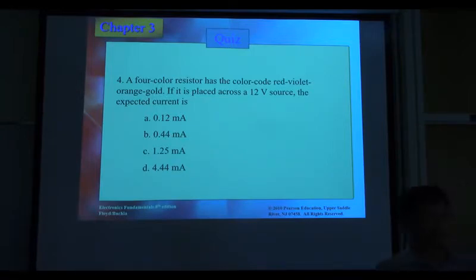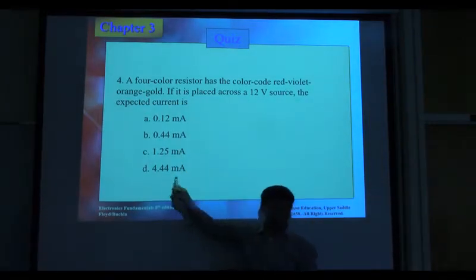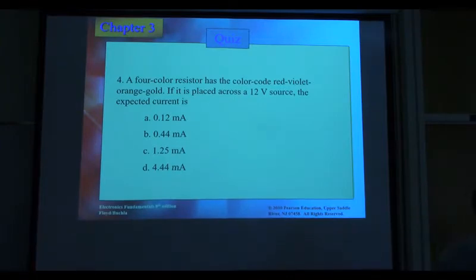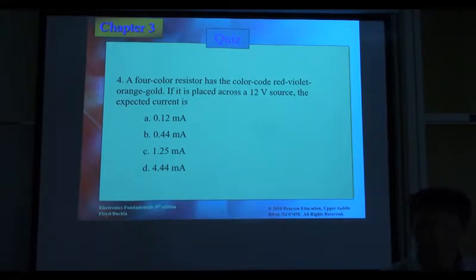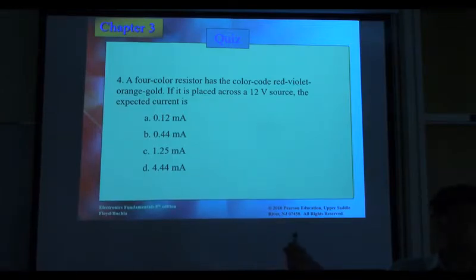You think 12 divided by 27K, divided by the K will change into M, right? So the unit must be mA. Now the number is 12 divided by 27. 12 divided by 24 equals half, right? So that is a little bit less than half. So which one? B. The second one. B, right?